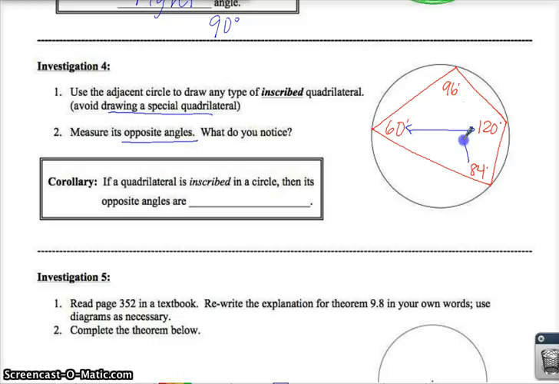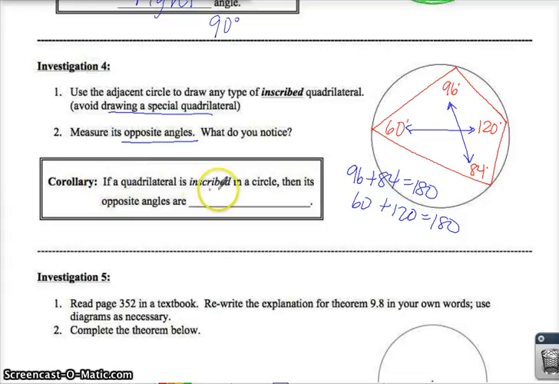So what do I notice about my opposite angles? So they add up to 180 degrees, or yours should have been really close. So both sets of opposite angles should add up to 180 degrees or really, really close, depending on your slight error in measuring. So let's complete the corollary.